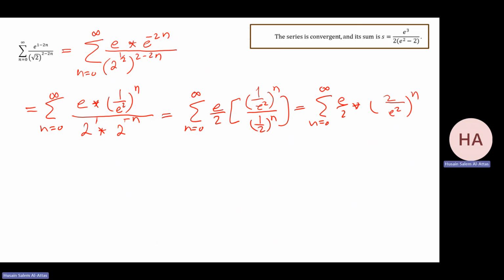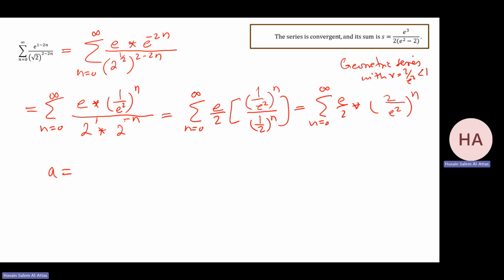Okay. Now it's a geometric series. Very clear, this is geometric series with r equal 2 over e squared, which is less than 1. So it converges. What is a? A when n equals 0, the first element.